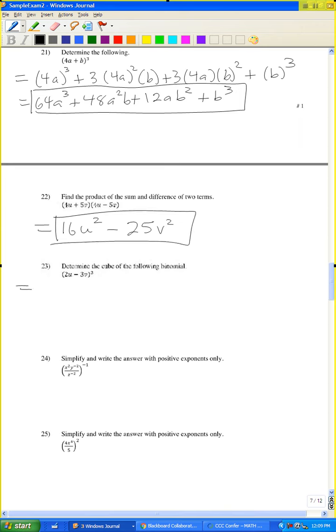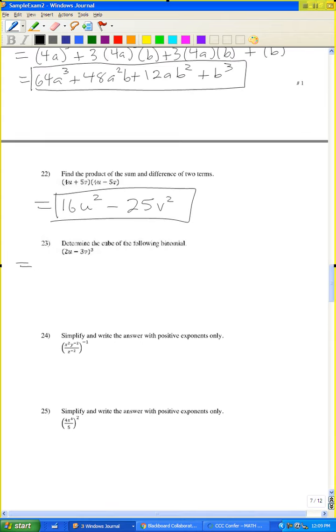Determine the cube of the following binomial. So same formula as above.